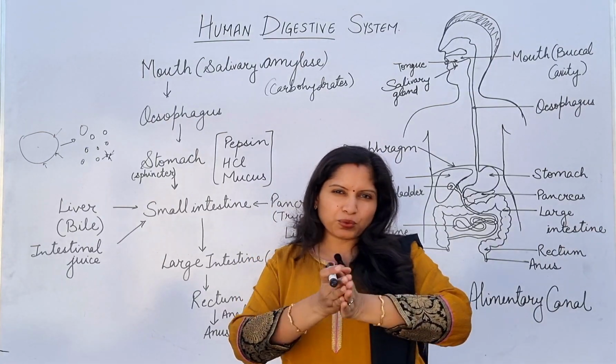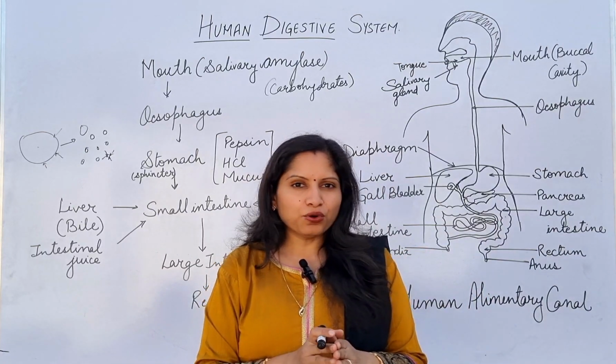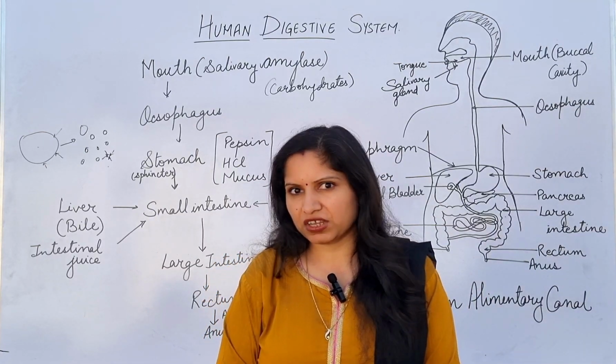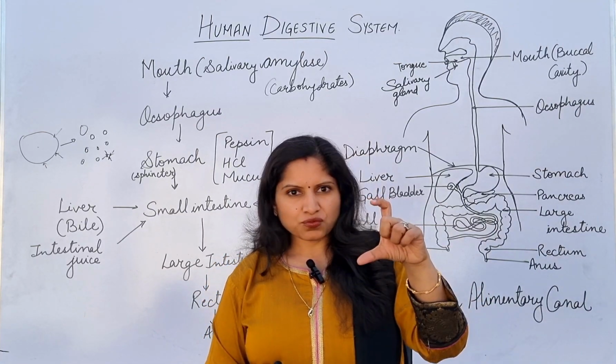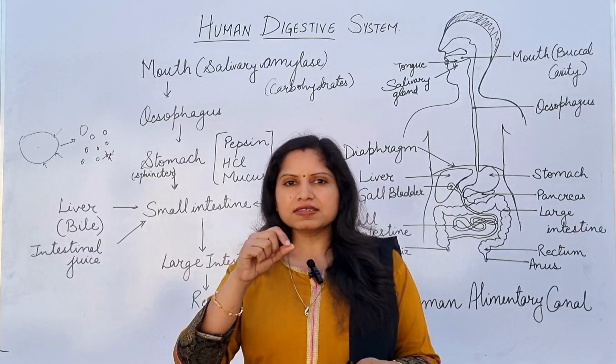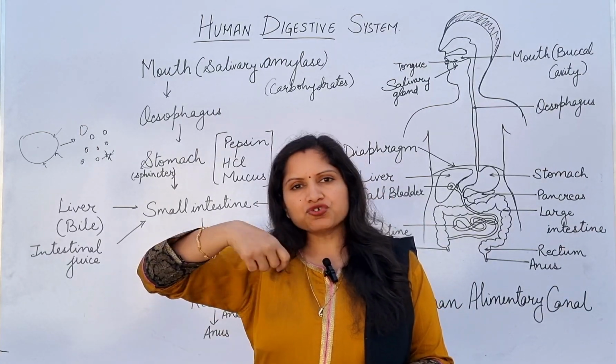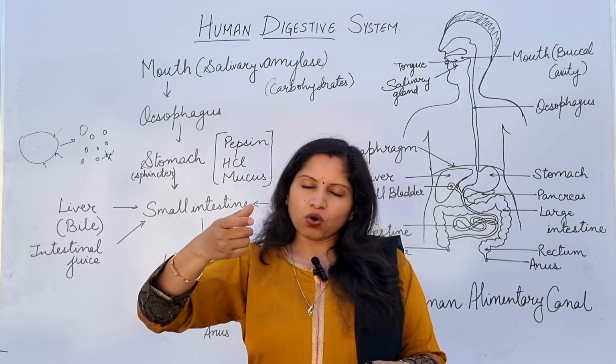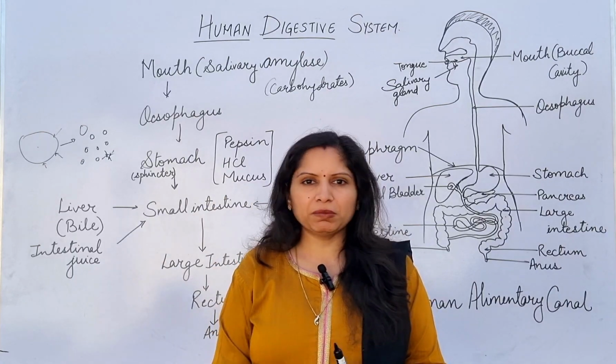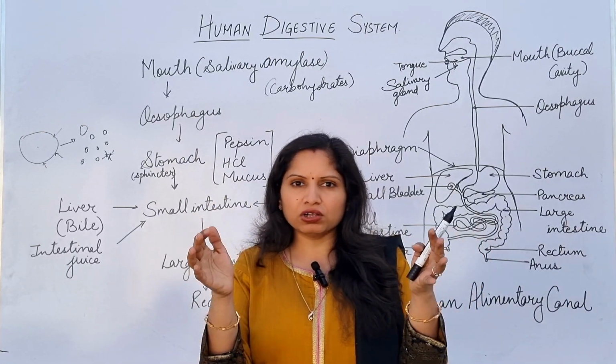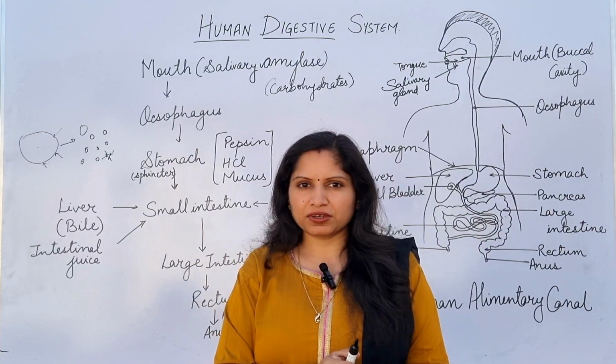I want to tell you one extra thing, that even at home you can see the effect of emulsification of fats. Take a glass of water and put some oil in that, and when you try to dissolve that oil into water, you will not be able to mix it, because all the oil will be at one place only.